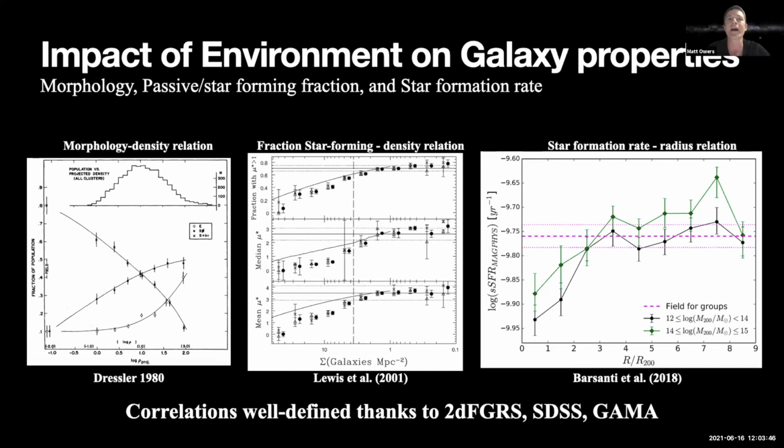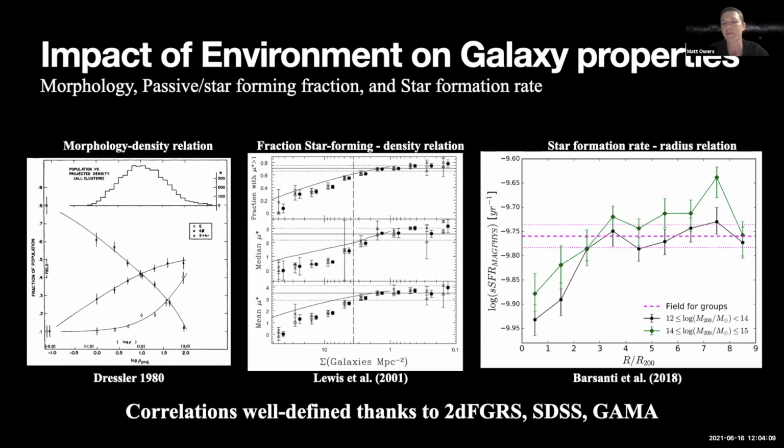So more recently, surveys like the 2dF GRS, which was conducted here in Australia, the Sloan Digital Sky Survey in America, and the Galaxy and Mass Assembly Survey, also conducted here in Australia, have really nailed down some of these correlations with environment, and in particular have focused as well on what the star-forming properties of galaxies look like as a function of environment.